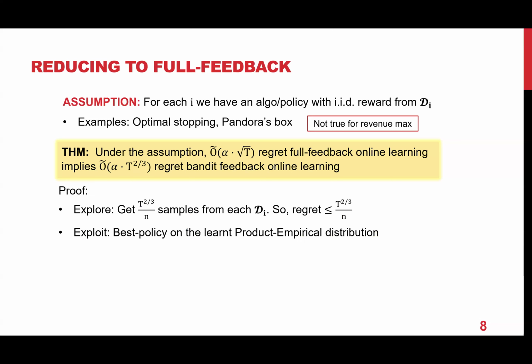So the simple trick is that in each round, what I'll basically do is, as they call it, explore versus exploit. On some rounds, I'm going to explore, which is that I'm going to choose one of the n distributions at random, and I'm just going to get an unbiased sample from the ith distribution. So some days I will just try to explore, which is like trying to get a better estimate of the distribution.